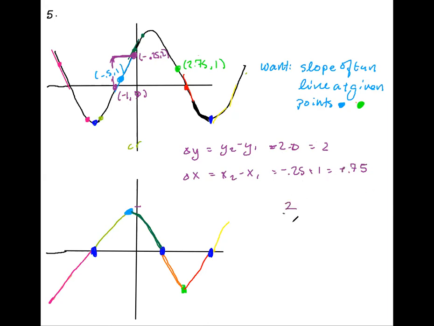This is 2 over 3/4. So I'm just going to divide by a fraction, which is going to be 2 times 4 over 3, or 8 over 3. So I would say that this is 8 over 3, which is a little less than 3.